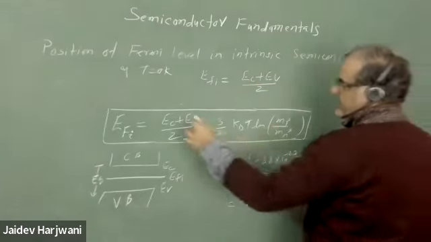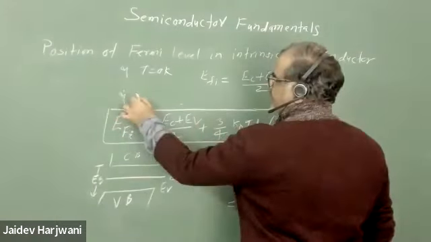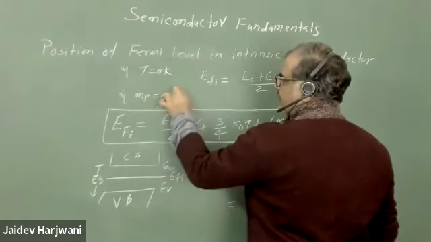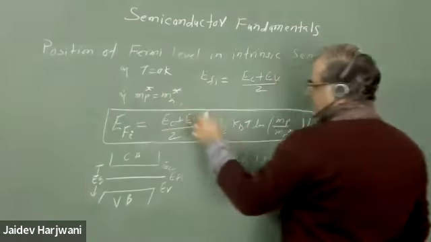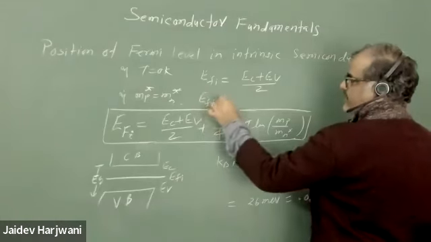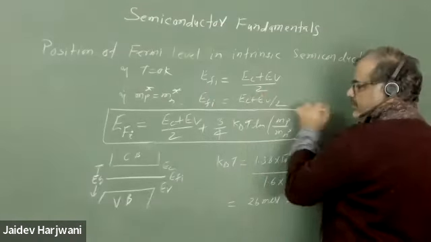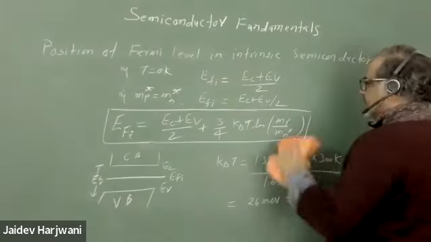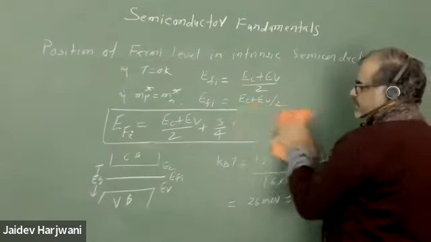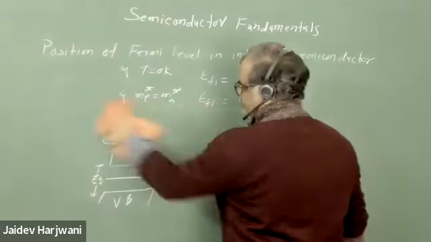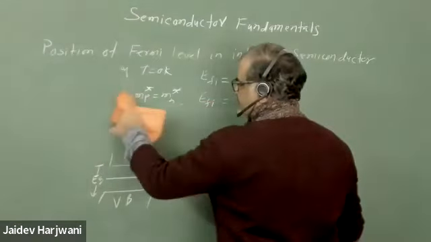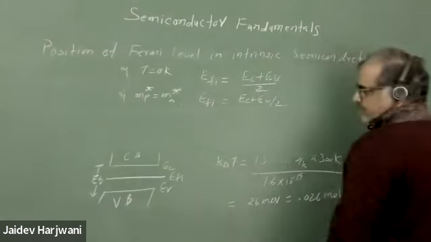Similarly, if MP is equal to Mn, the effective masses are the same, then also you come at EC plus EV by 2. So I can assume that the position of the Fermi level is almost mid of the band gap.